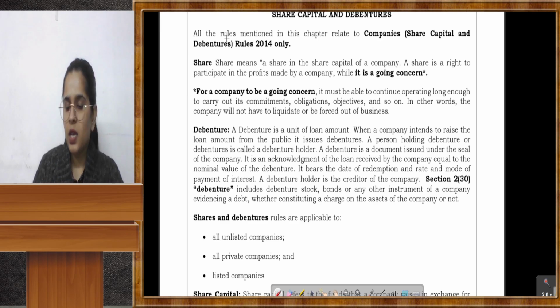See, the first clarification given to you is that all the rules mentioned in this chapter are related to the Companies (Share Capital and Debentures) Rules, 2014 only. So let me tell you one thing here.